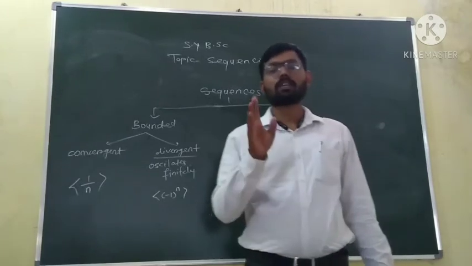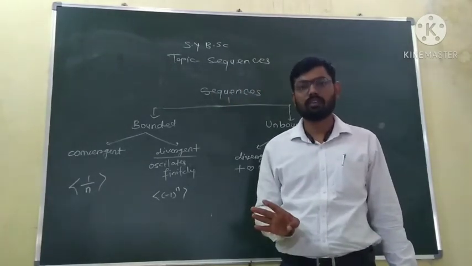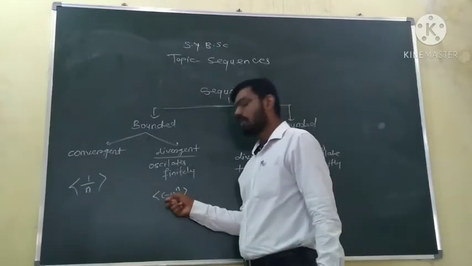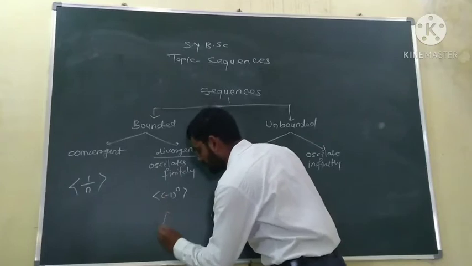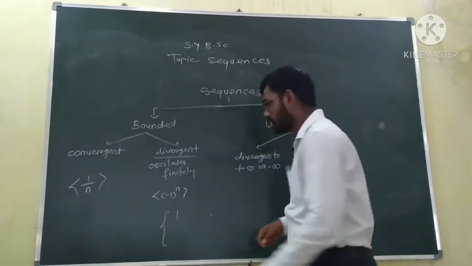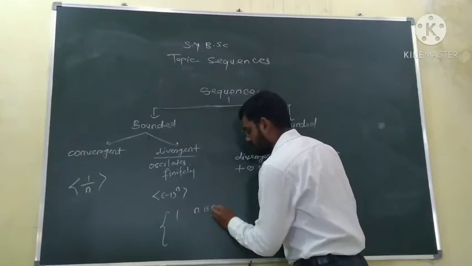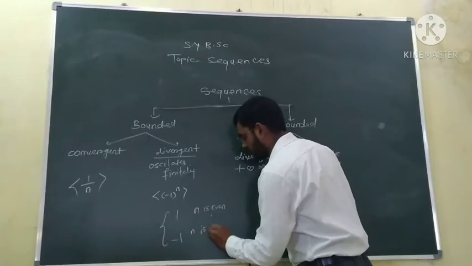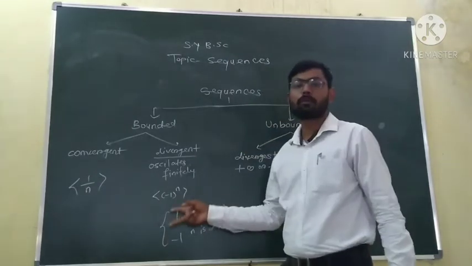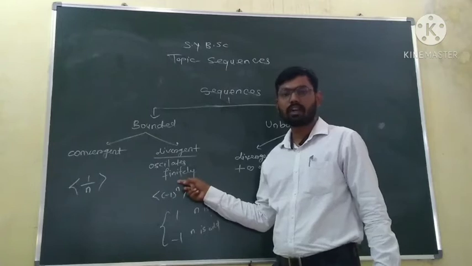And we know if a sequence is convergent, it must have a unique limit. The limit of this sequence is 1 when n is even and -1 when n is odd. So this sequence has two different limits depending on the value of n, so it is not convergent.